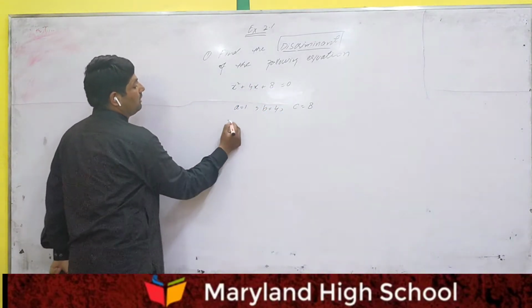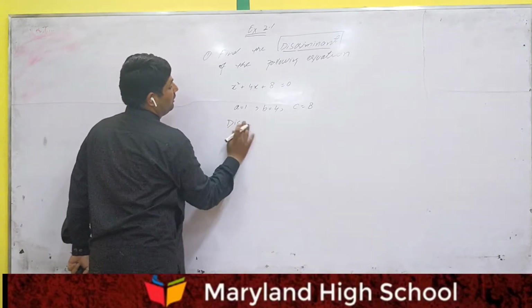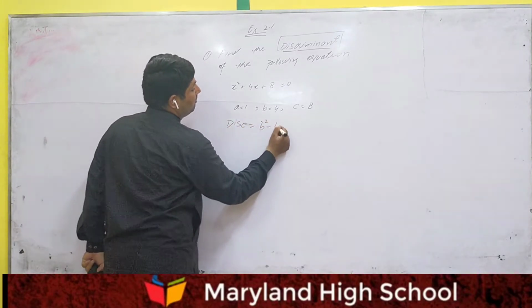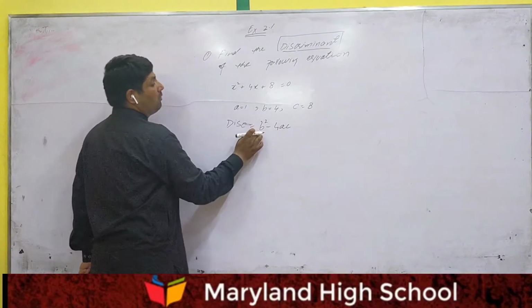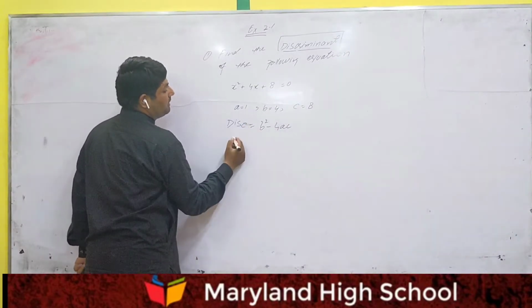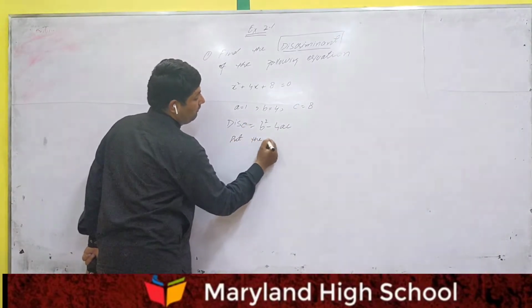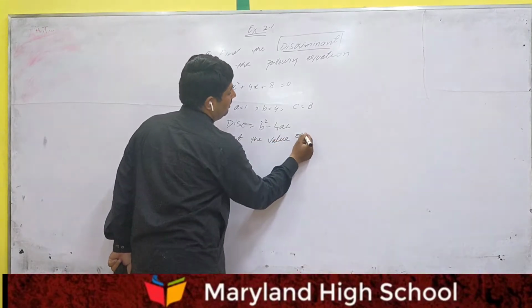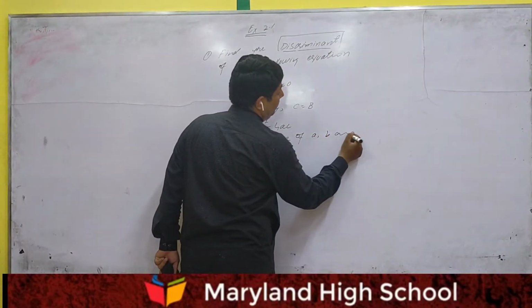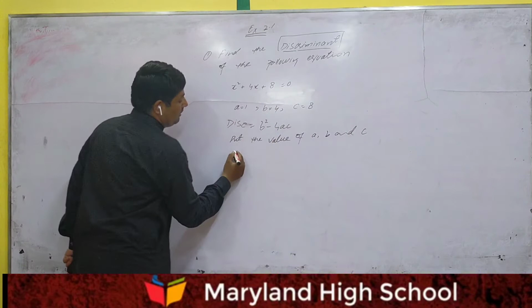Now the disk is equal to b square minus 4ac. Put the value of a, b and c.